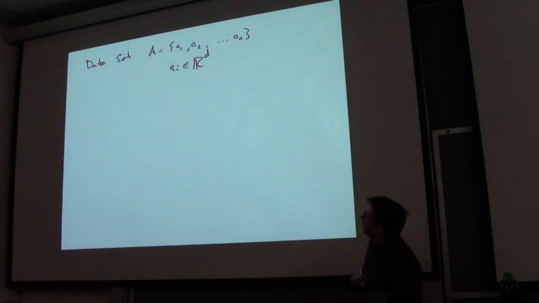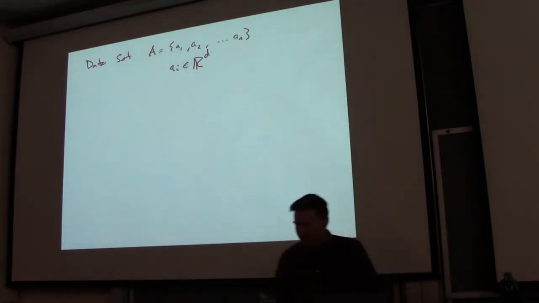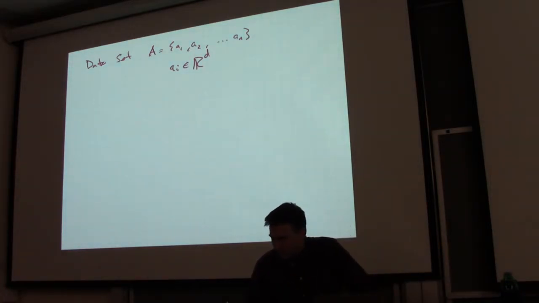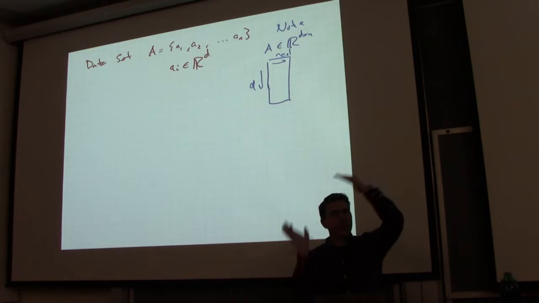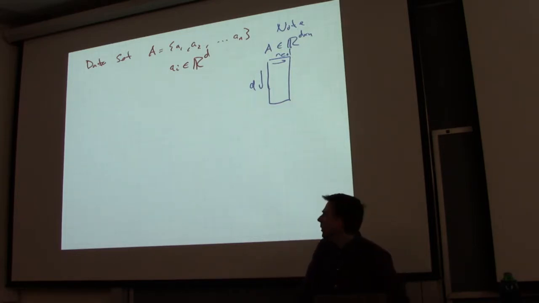For reasons that correspond with the literature a bit better, in the notes I write A as being in R^(D×N), so you can think of this as a matrix. It has D rows and N columns. And so we're going to reduce the number of rows.